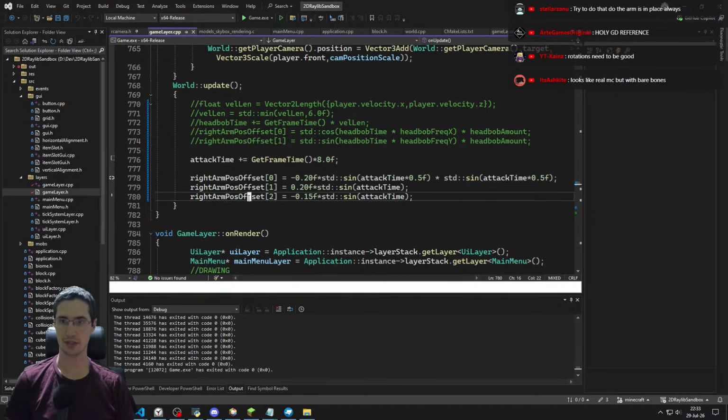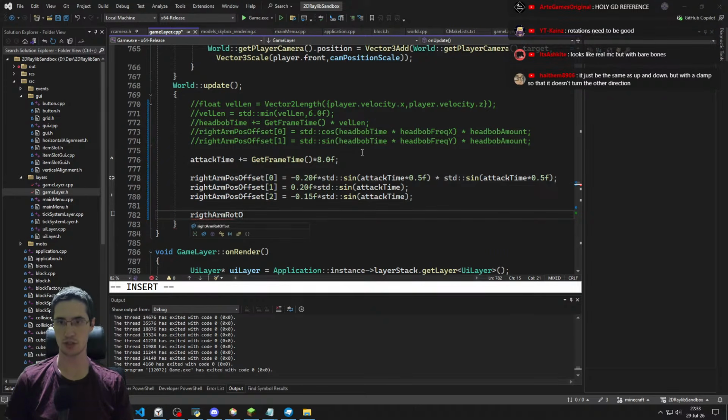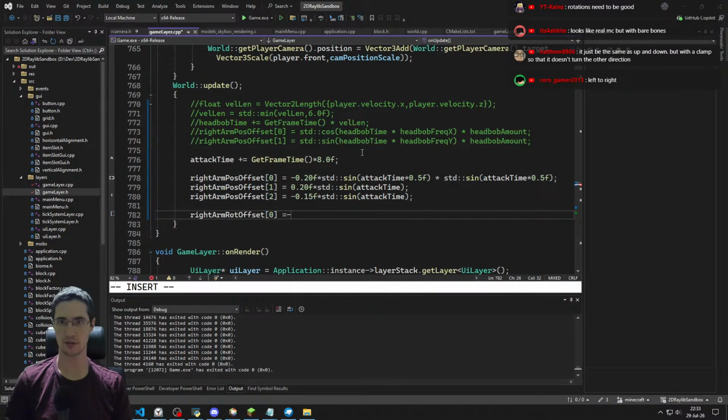Let's do right arm rotation offset. And we'll start with a sinus.